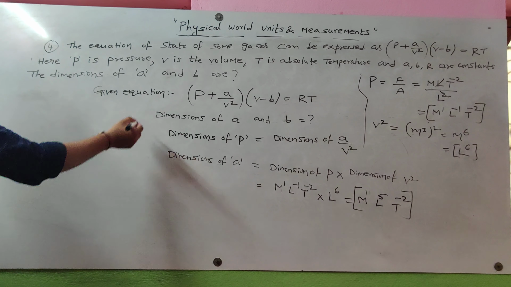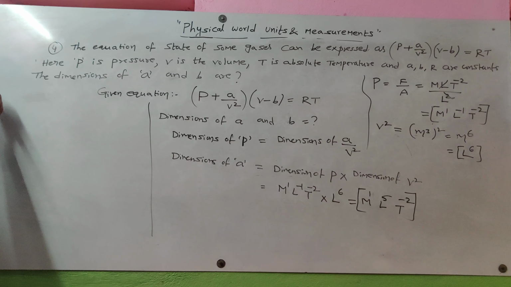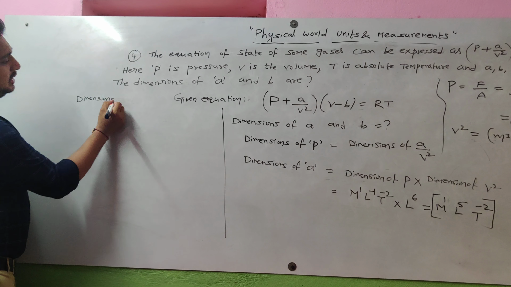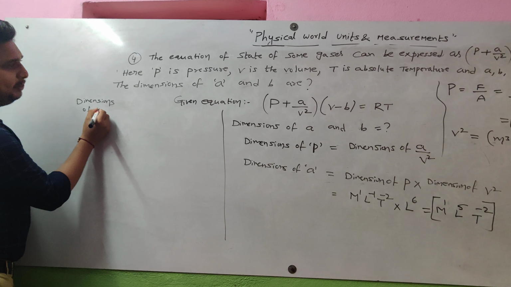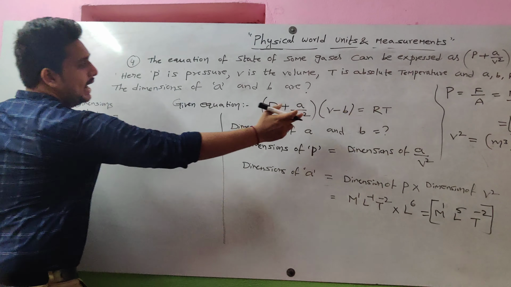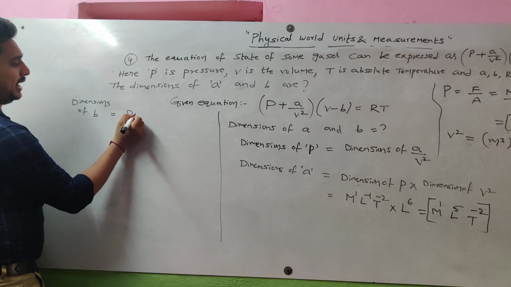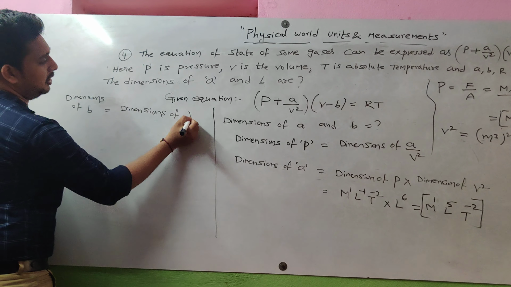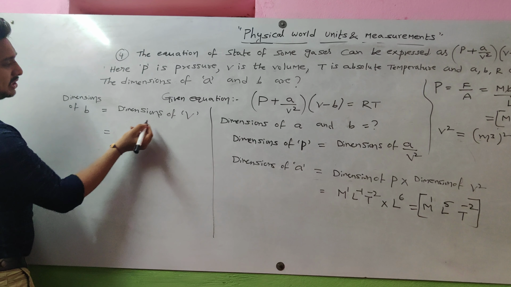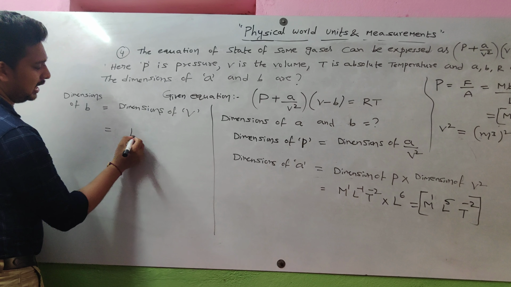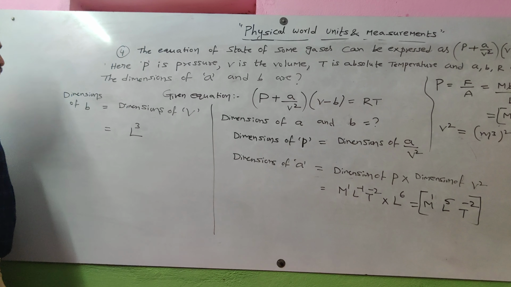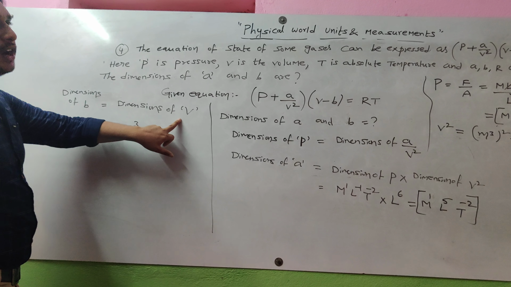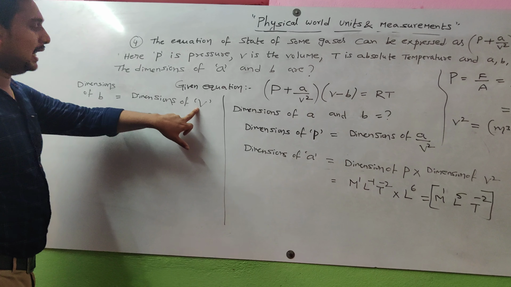Next, dimensions of B. Same concept: dimensions of B is equal to dimensions of V. Dimensions of V is L cube, because V is volume, and the volume unit is meter cube, so the dimensional formula for volume is L cube.